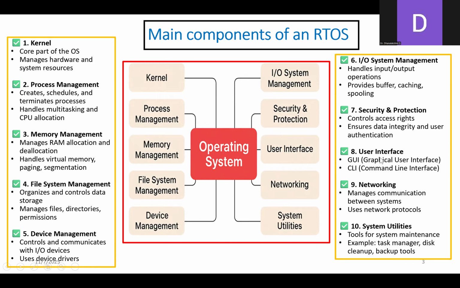Then the user interface, GUI and CLI, which means command line interface. On the networking side, it manages communication between systems using network protocols. And finally, system utilities, tools for system maintenance, for example, task manager, disk cleanup, and backup tools.